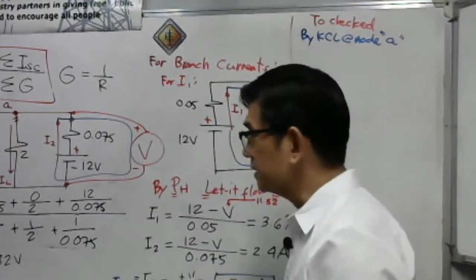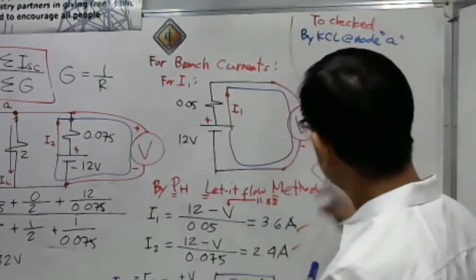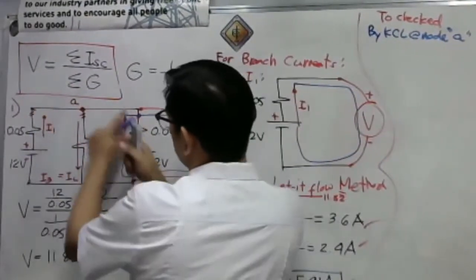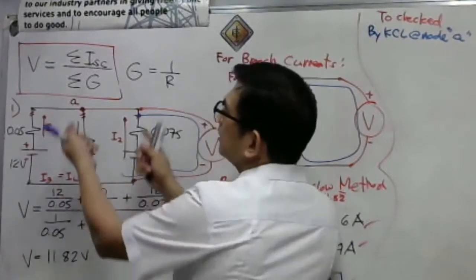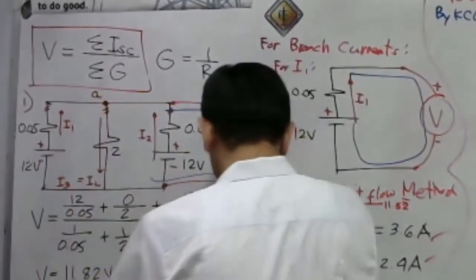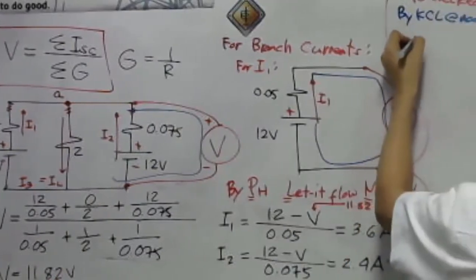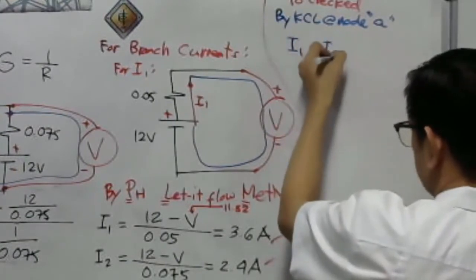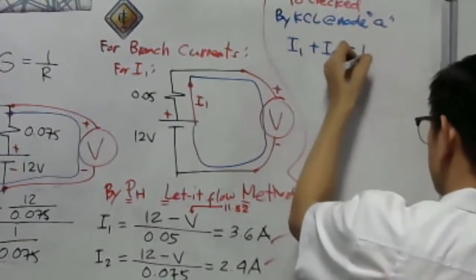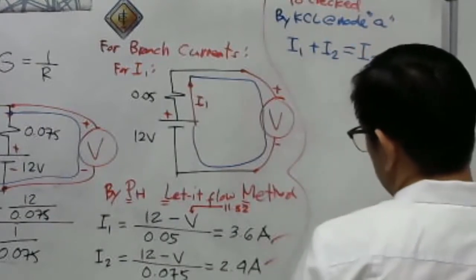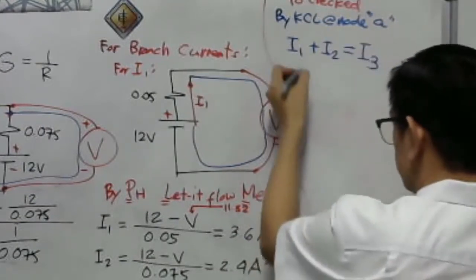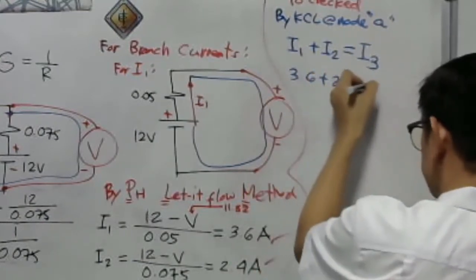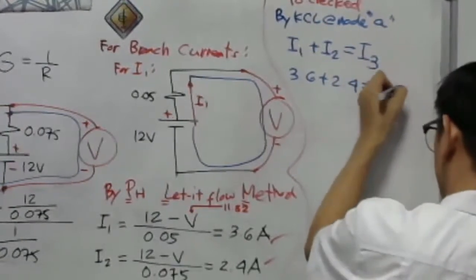Take a look here, guys. Kirchhoff current law at node A. The current entering is equal to the current leaving. So I sub 1 entering, plus I sub 2 also entering, is equal to the current leaving, which is our I sub 3. As shown here, 3.6 plus 2.4 is approximately equal to 5.91.